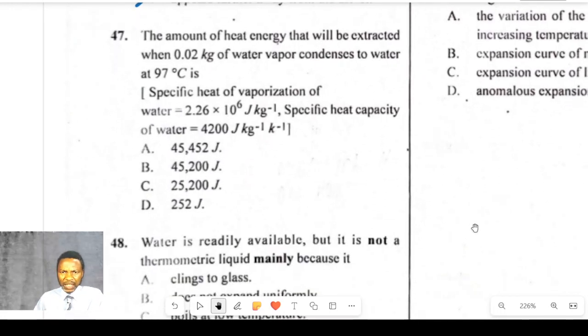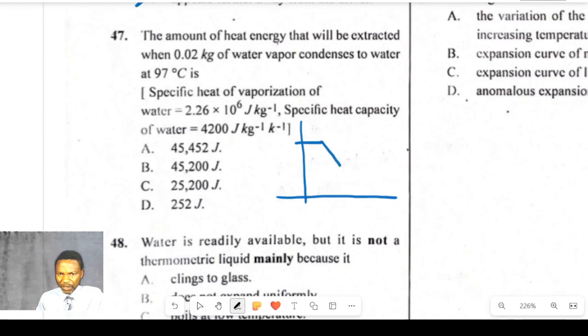Okay, we'll talk about the amount of heat that will be extracted when steam condenses to water like this. So you have the boiling point. If you want to draw the temperature, we have this and then this. At vaporization, boiling point, then the temperature decreases down to 97.